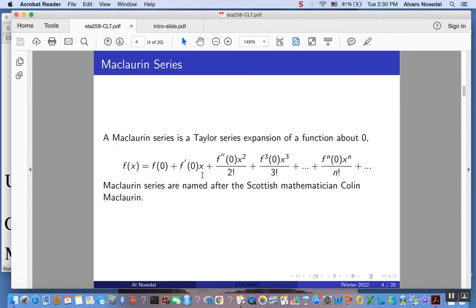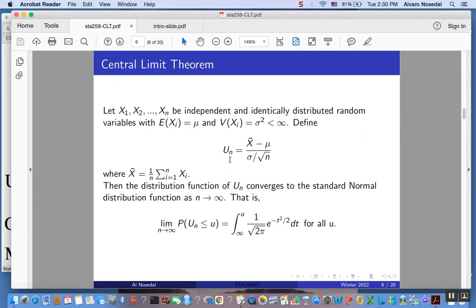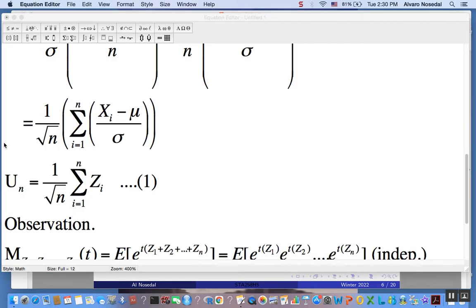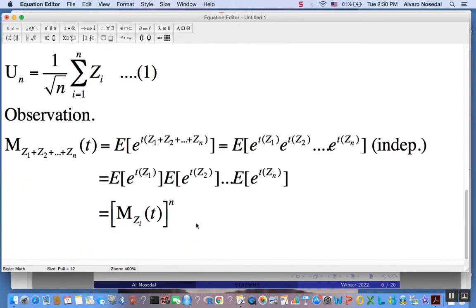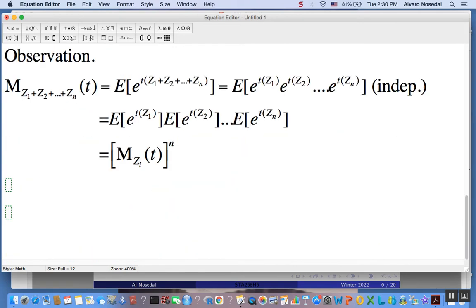But the thing is, we want the MGF of un. But un is not equal to the sum of the zi's, but it is equal to a constant times that. Okay, so let's write that down.